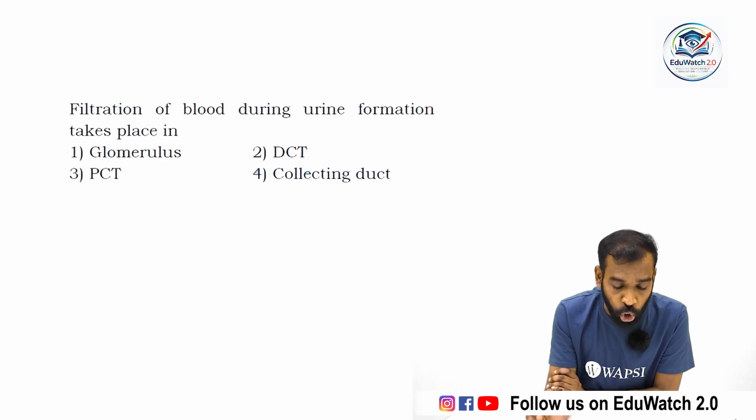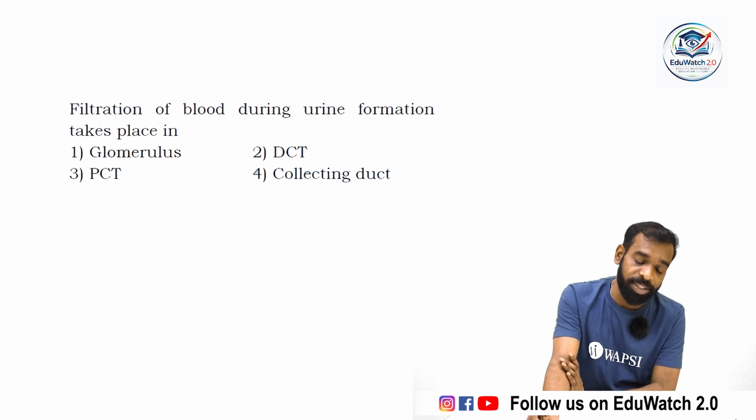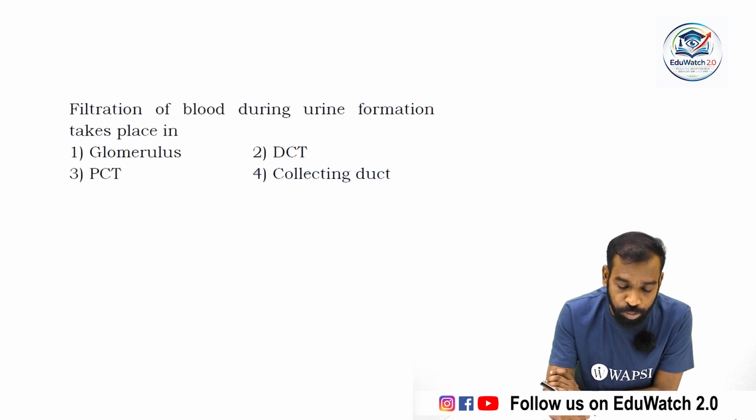Option 1 glomerulus, option 2 DCT, the distal convoluted tubule, option 3 PCT, the proximal convoluted tubule, and option 4 collecting duct.